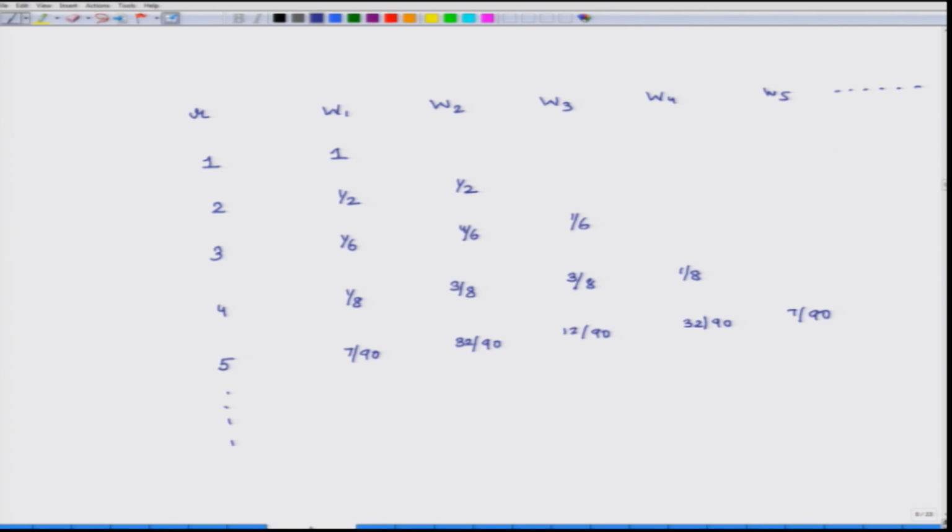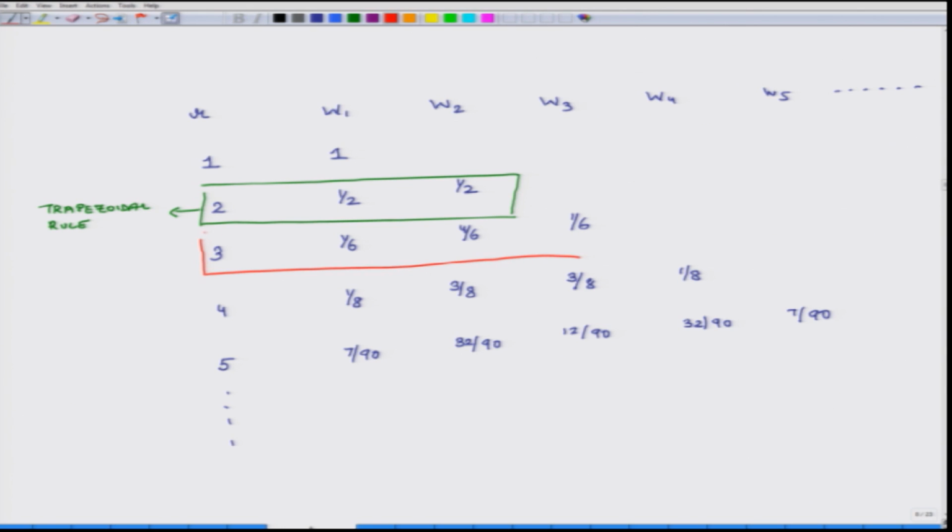Now, a couple of important observations. The case r equal to 2 is the same as the trapezoidal rule. And the case r equal to 3 is the same as Simpson's rule.